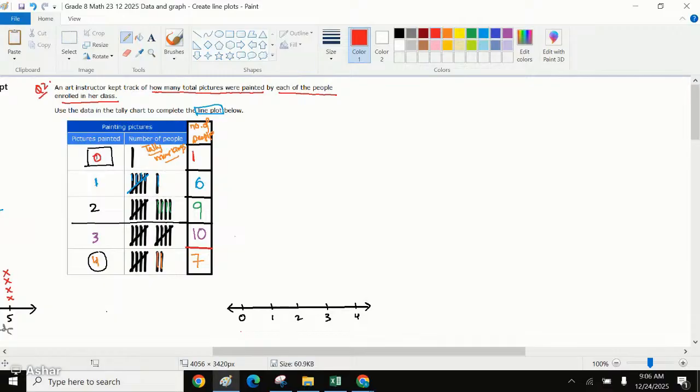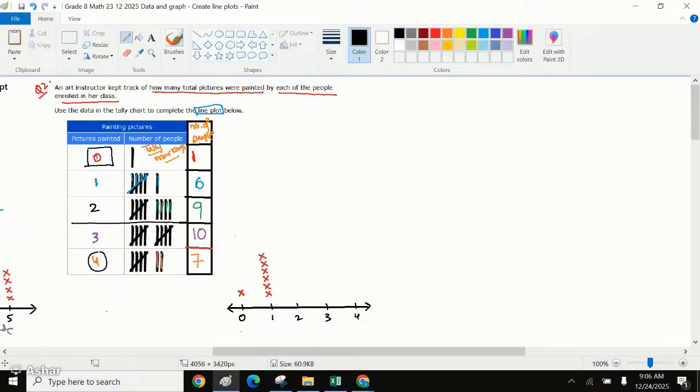So 0, none of the pictures were painted by only one person. So one person did not paint anything, right? So one painting was made by 6 people, right? So 1, 2, 3, 4, 5, 6.